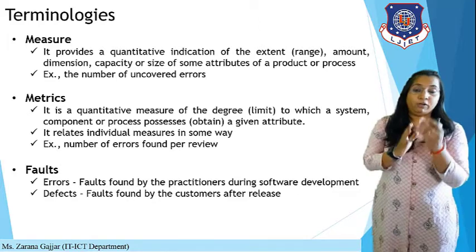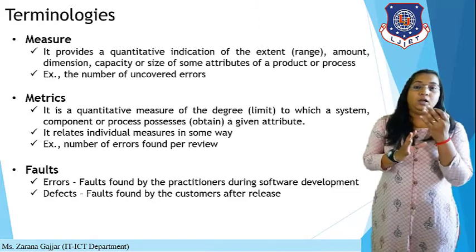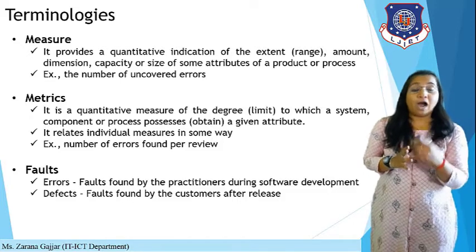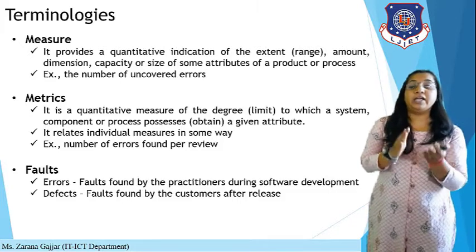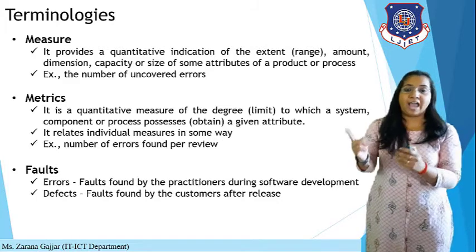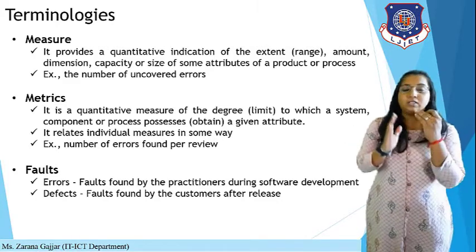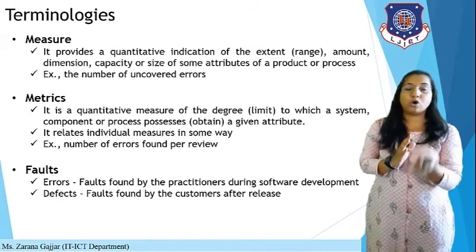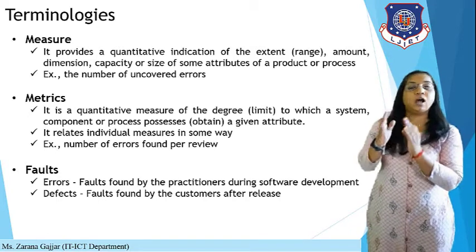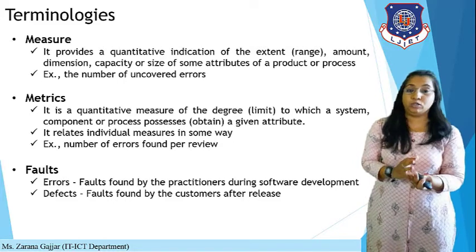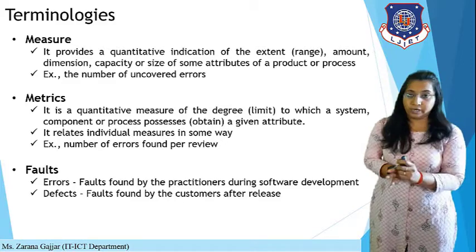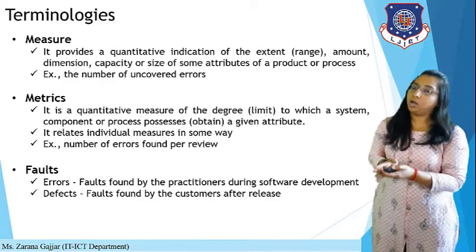But if the fault is identified by the end user, by the customer, after release, then it leads to a defect. So if as a project manager or practitioner you identify the fault, it is an error. But after releasing your software, if the customer identifies that fault, then it is a defect. So this is about a fault.